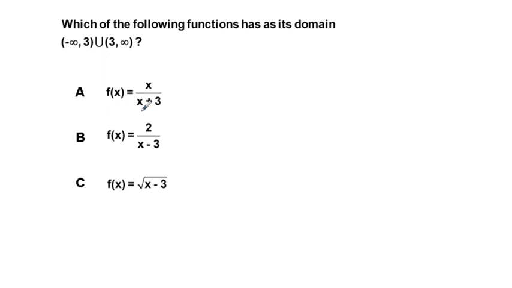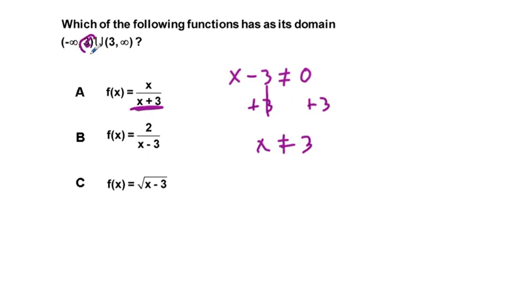Well, the temptation would be perhaps to choose answer choice A, but if you take x minus 3, and we know we can't divide by 0, and set that not equal to 0, and add 3 to both sides, we have x cannot equal 3. Okay, and 3 is the discontinuity right here in this interval notation. So our correct answer for this one is B.